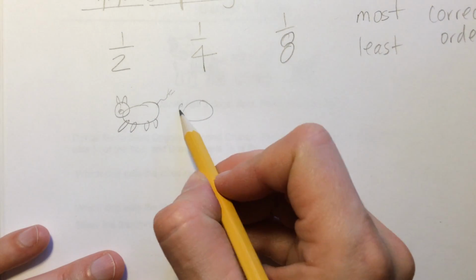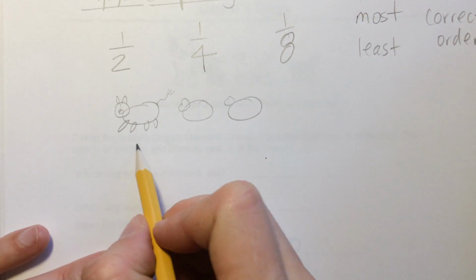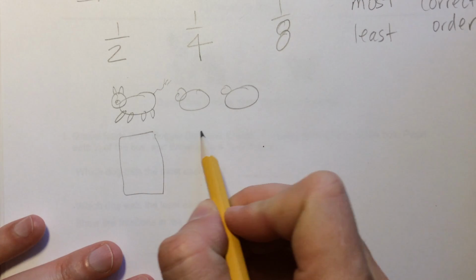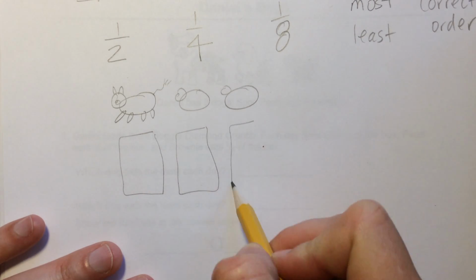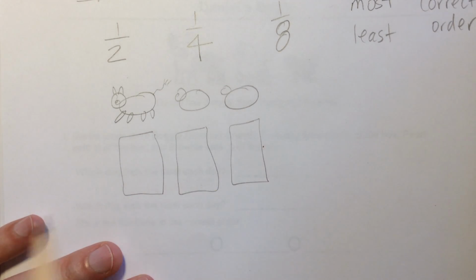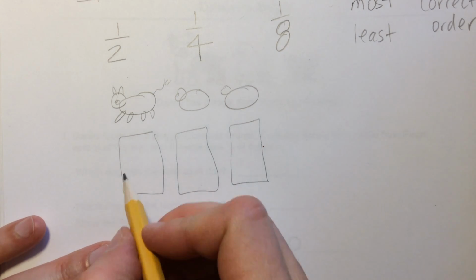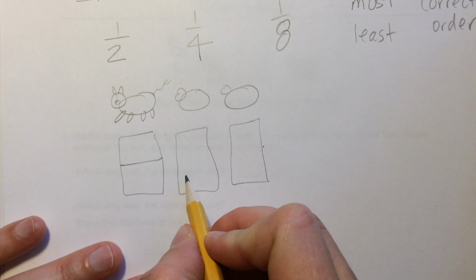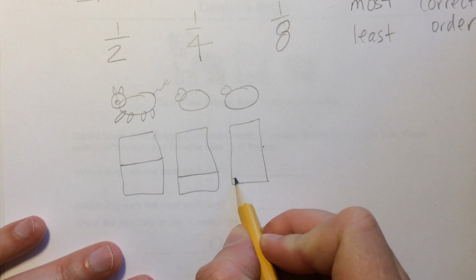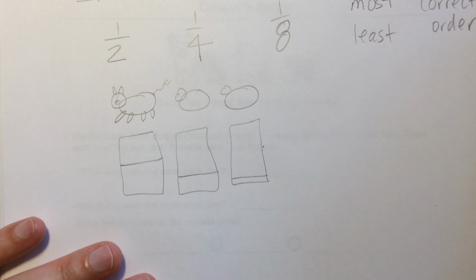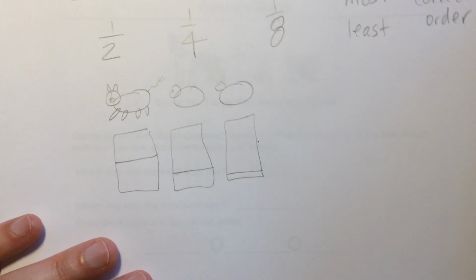There are 3 of them. And they each eat boxes of food. So one has a half box, one has a quarter box, and one has an eighth of a box. That's how I envision it, because I can see those fractions in my mind. Can you? But let's now really properly draw these fractions.